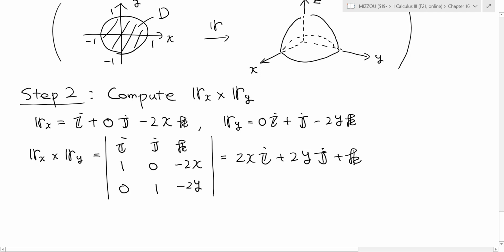Okay, now we're sort of done with this, but actually we have to check the orientation to compute the surface integral of the vector field. If the orientation given in the problem is not the same as the orientation given by this, we have to choose the other orientation.